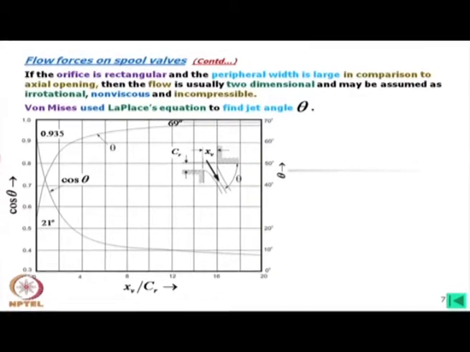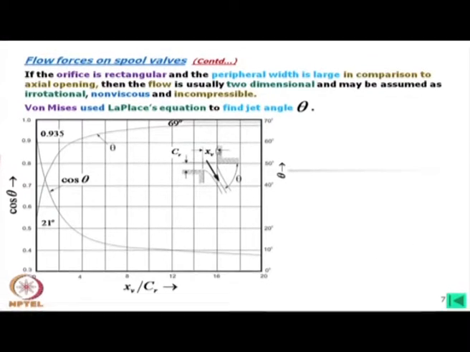However, whether we take 68 degree or 70 degree, the effect on these equations will not be very much, it will be very close. But in practice we consider this angle to be 69 degree.